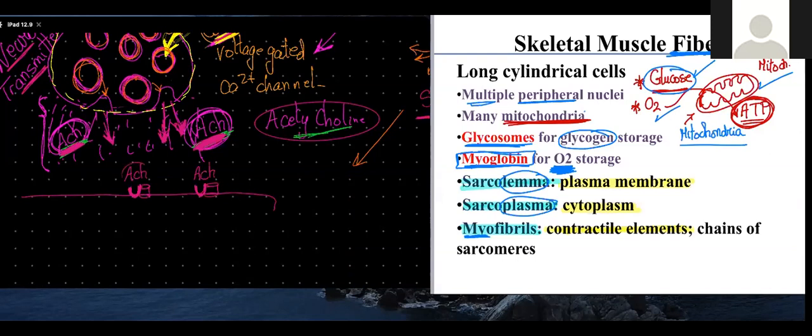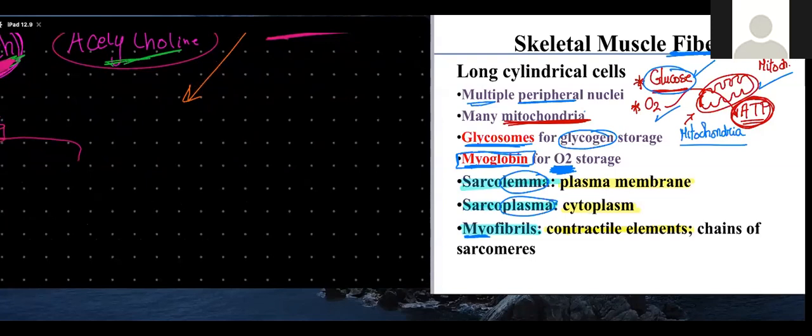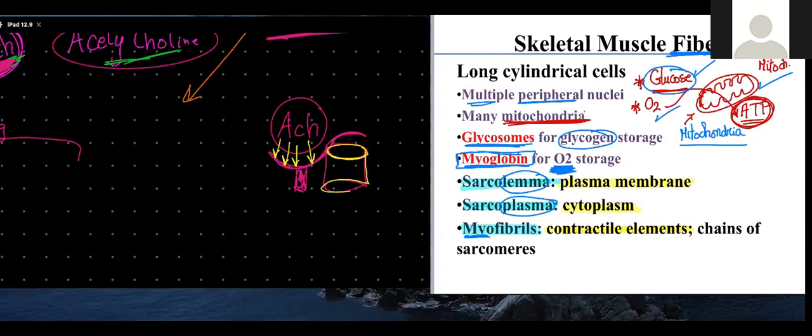So if you have the acetylcholine, what's going to happen? I'm magnifying here. This is my acetylcholine. This is a receptor for the acetylcholine. And associated with this receptor, you've got an ion channel. Normally, it's kept closed. Once you bind the acetylcholine to its receptor, this will cause a change in the shape of the receptor as well as the associated ion channel.